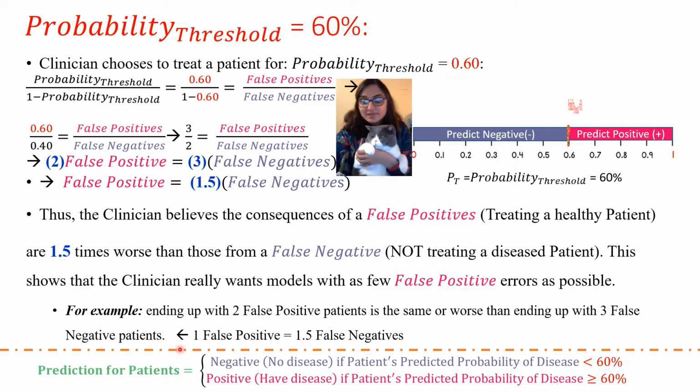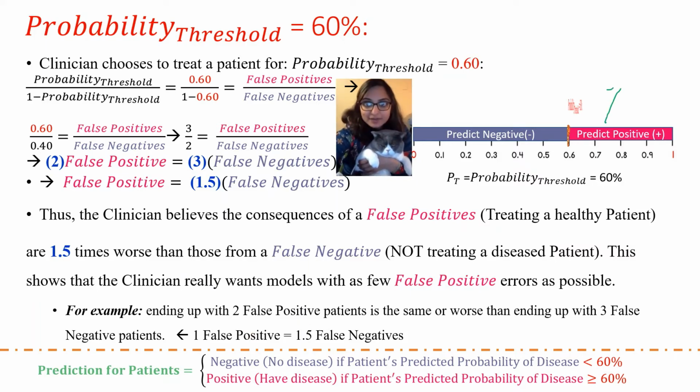So what this means is that we are predicting negative, that patients don't have the disease, if their predicted probability is less than 60%. Otherwise, if the patient's predicted probability of disease is greater than or equal to 60%, our threshold, then we predict positive.